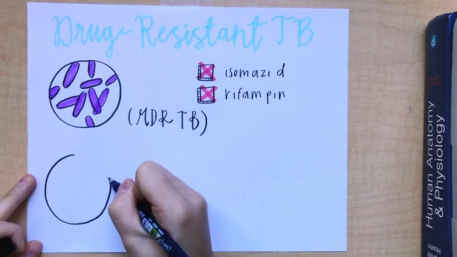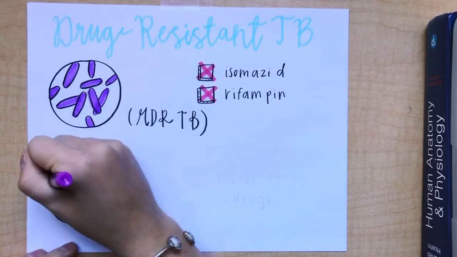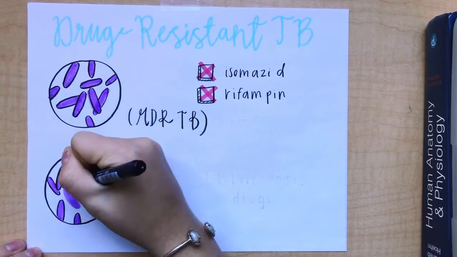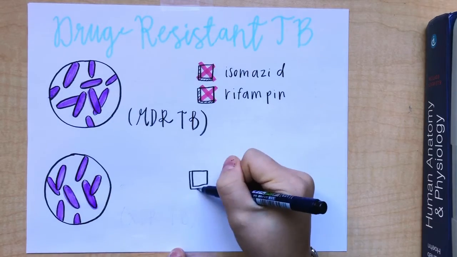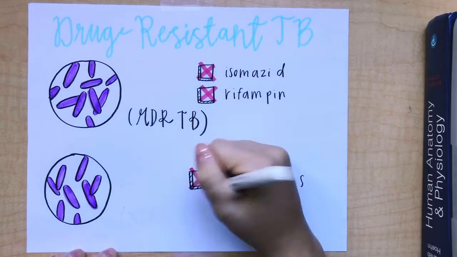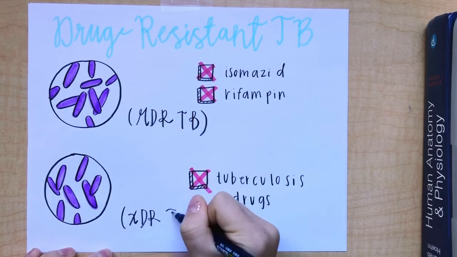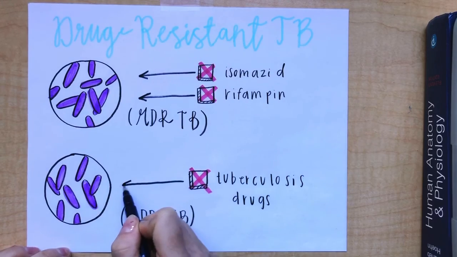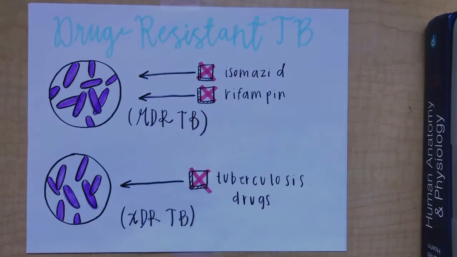And this is called MDR-TB. And these are the most two common types that are going to be used to treat it, so you'll have to find something else. While this second one here on the bottom is resistant to almost any tuberculosis type of drug. And that means that you'll have to find something else completely.